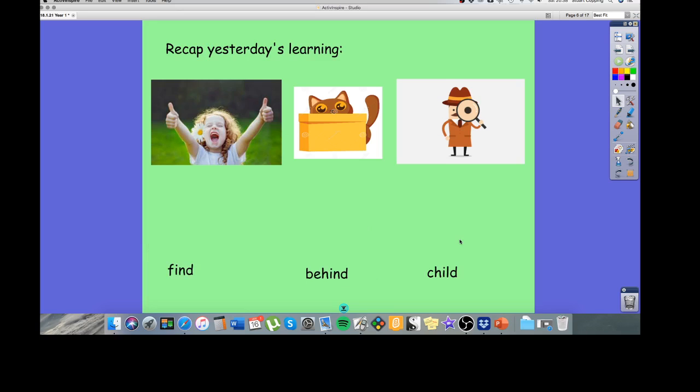Here they are. And I'm going to draw a line. So here we have find, goes to that one. Behind, goes to that one, which means child, goes to that one, and it makes a nice little star picture. Right then, moving on to today's.